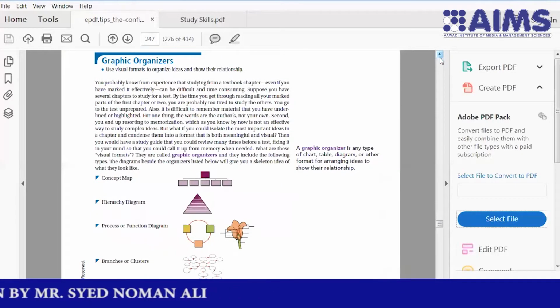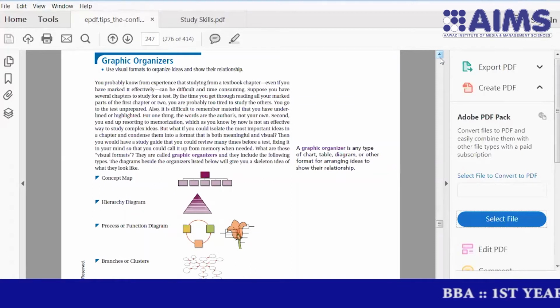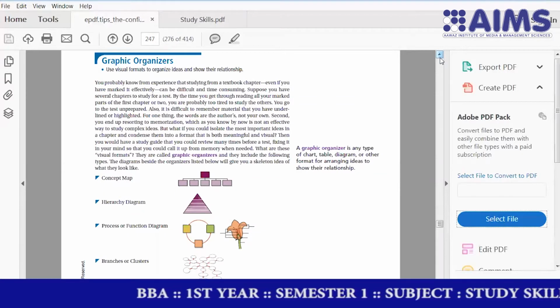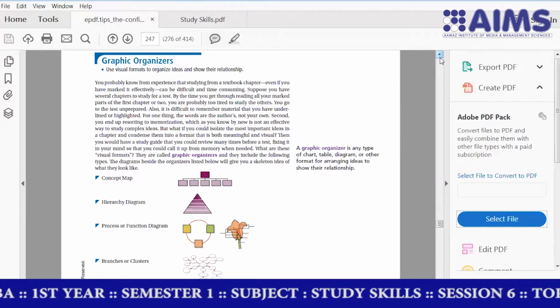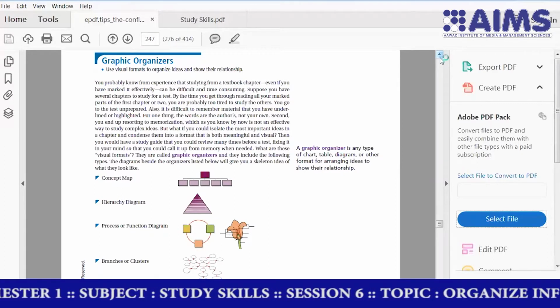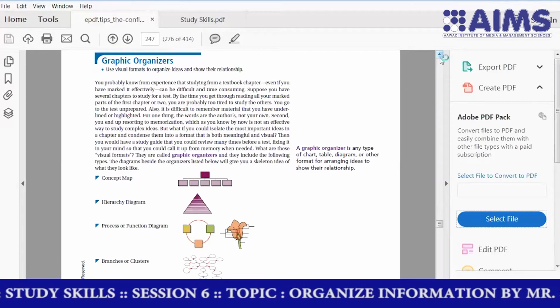There is a graphic organizer you can see on screen. A graphic organizer is a type of chart, table, diagram, or other format for arranging ideas to show their relationship.